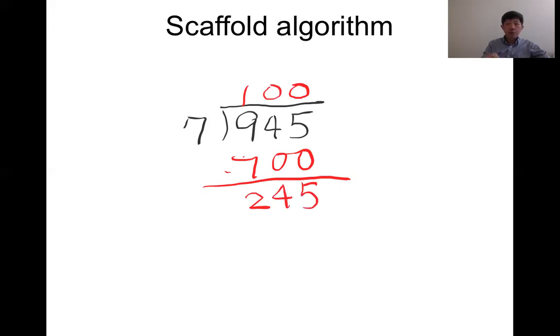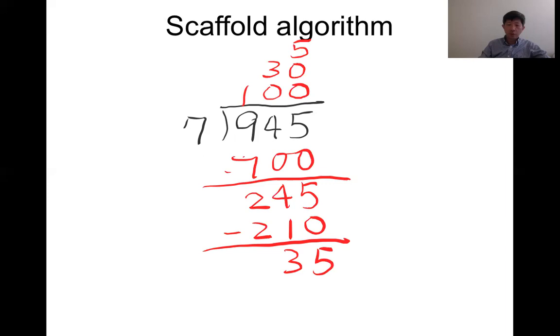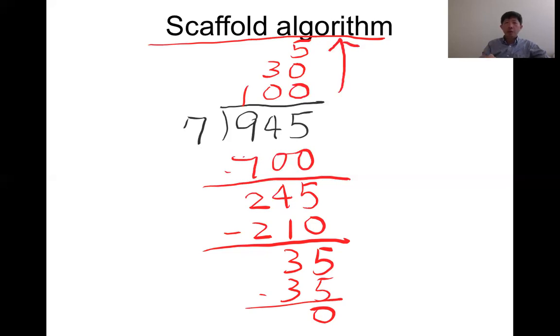The next number, take 30 times 7, which is 210. Subtract, I get 35. Then 5 times 7 is 35, leaving 0. All right, add up the numbers on the top: 100 plus 30 plus 5. The answer is 135. So that's the scaffold method, right?